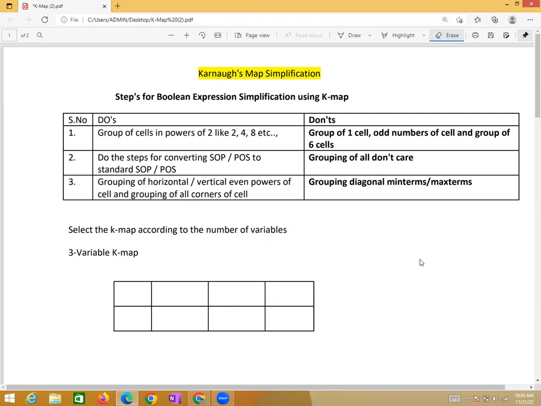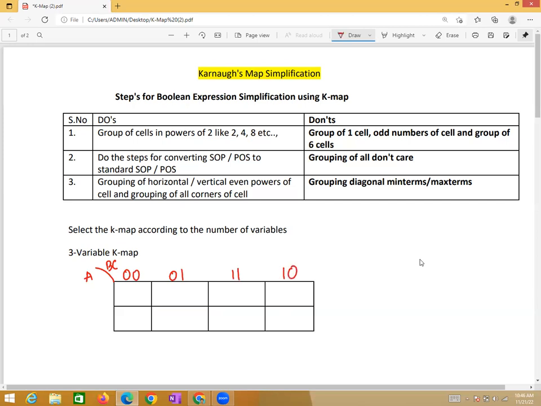K-map simplification. Before that, let me show how to allot the cell numbers for a 3 variable K-map. If you have a 3 variable K-map, the total number of cells is 8. The allotment of variables for these cells is given here: 00, 01, 11, and 10.